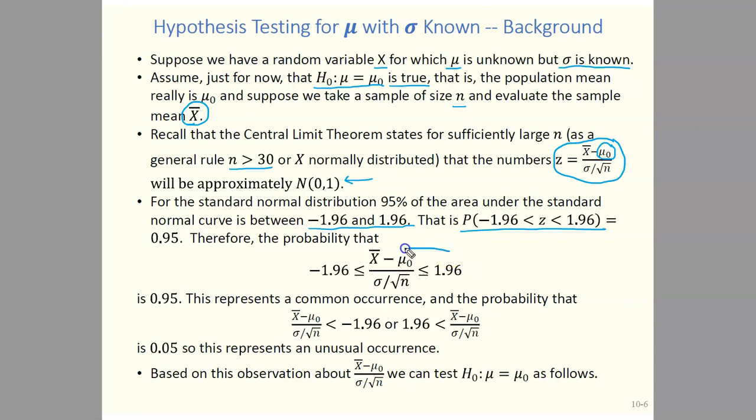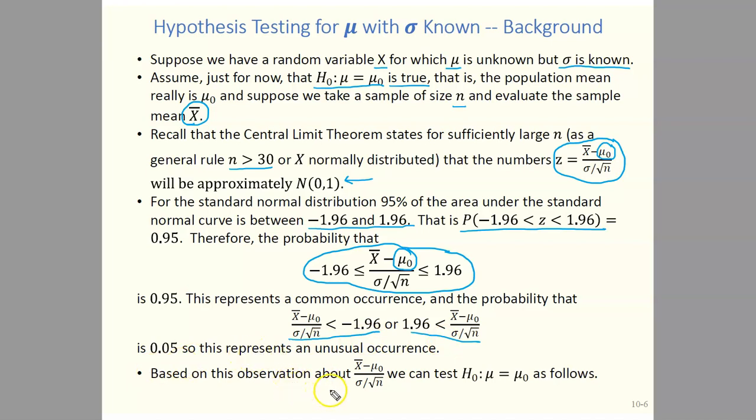So the probability of this occurring right here is 0.95. Now that's assuming for the moment that the population mean really is mu naught. And correspondingly, assuming the population mean really is mu naught, the probability that your z-score is less than negative 1.96 or larger than positive 1.96 is 0.05.